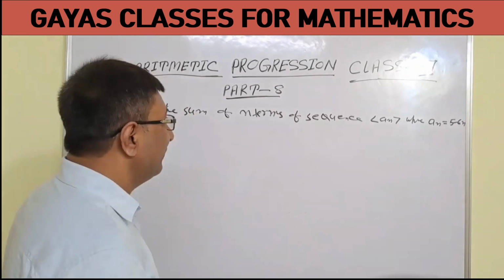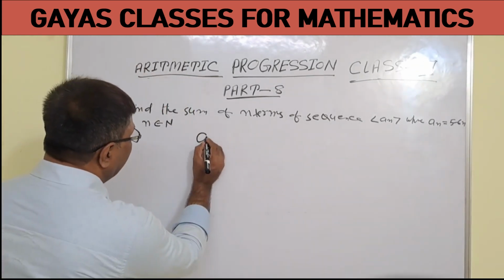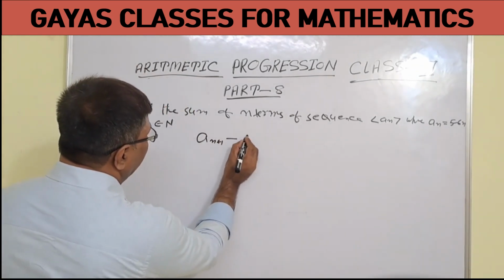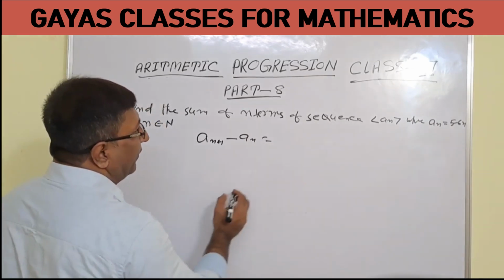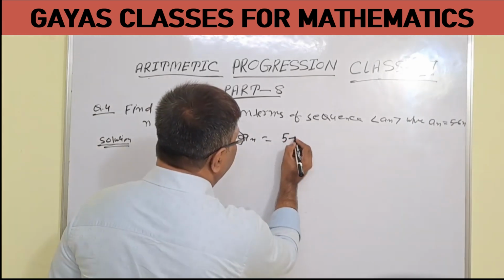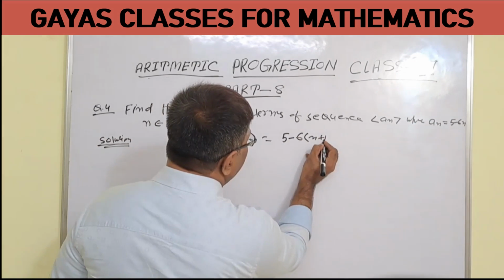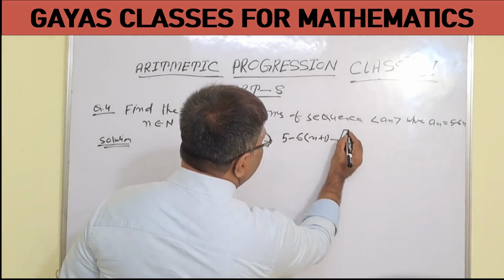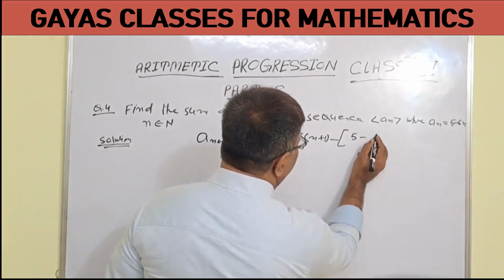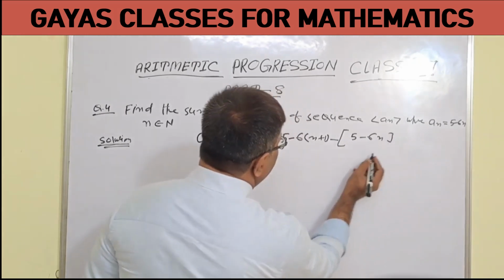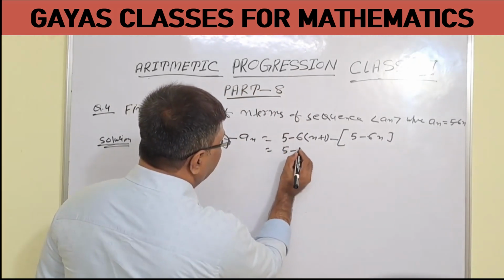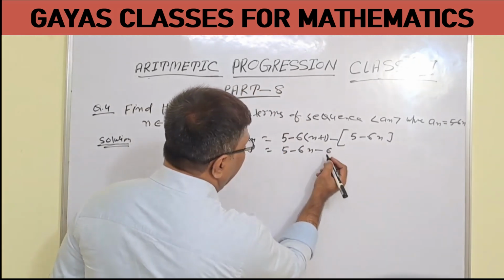So let us check it. First we are finding a n plus 1 minus a n. So a n plus 1 means what? 5 minus 6 into n plus 1. And then a n is already given, 5 minus 6n. So this is what? 5 minus 6n minus 6.